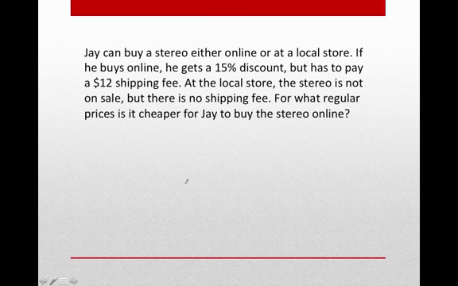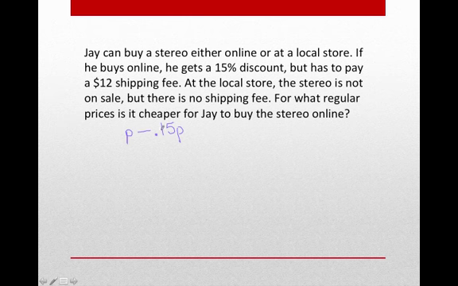Okay, so I know that if I buy it online, I get a 15% discount. So I'm going to make my price equal to P. So my regular price is P, but they're going to give me a 15% discount. So I'm going to subtract 15%, and a percent written as a decimal is 0.15.